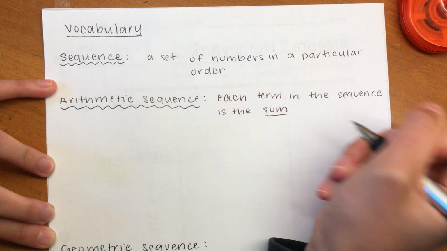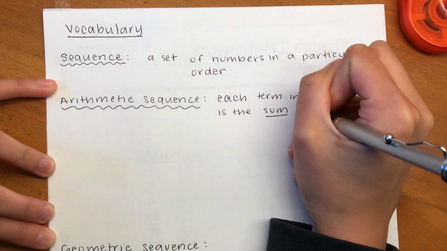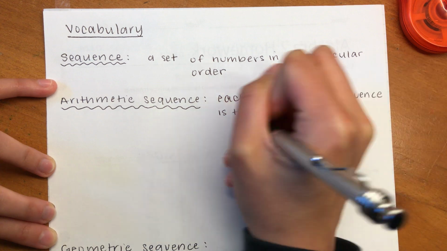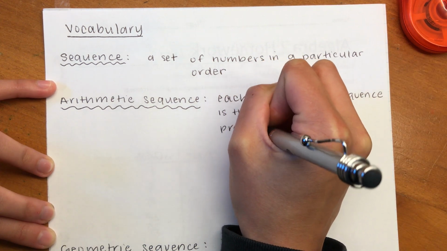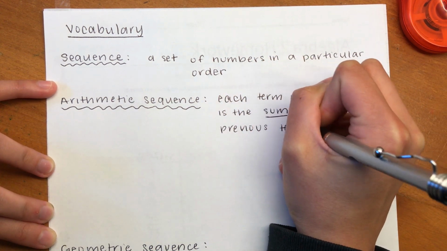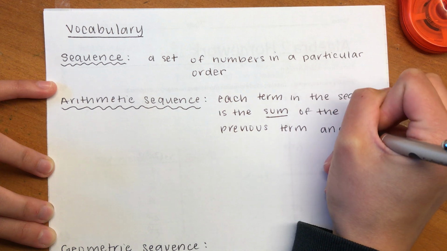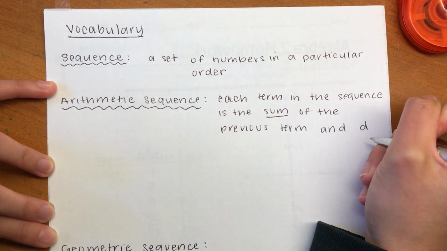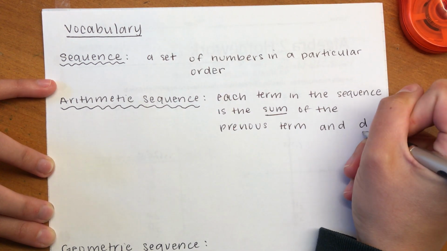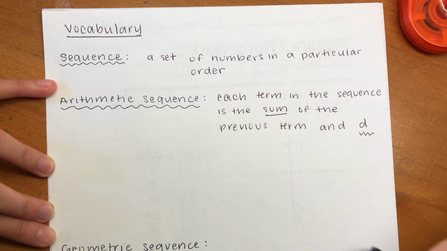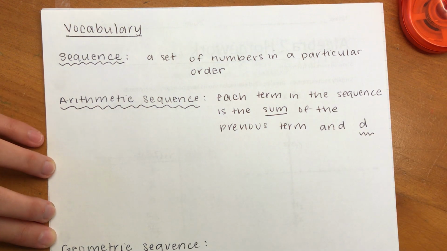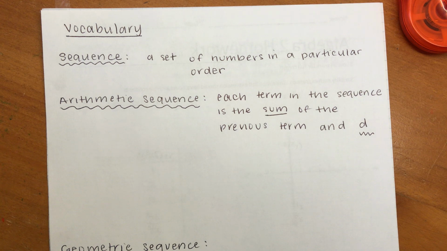Sum means we're adding, of the previous term and D, which is a real number. So D is a special number in this case. Every time we have an arithmetic sequence, we're going to have a D value.